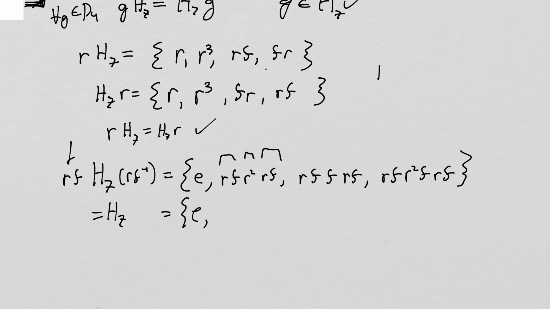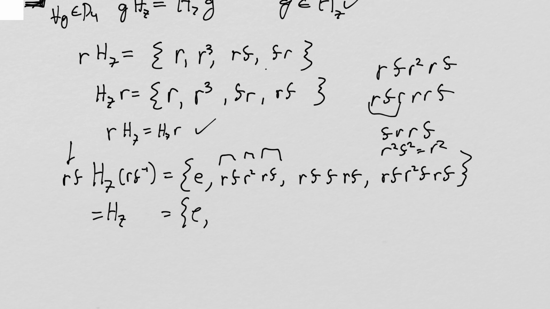Well, let's see. RF, R squared, RF, right? That is just F R R R F, but this is R squared, which commutes with everything. So this is R squared F squared, which equals R squared. So that is R squared.